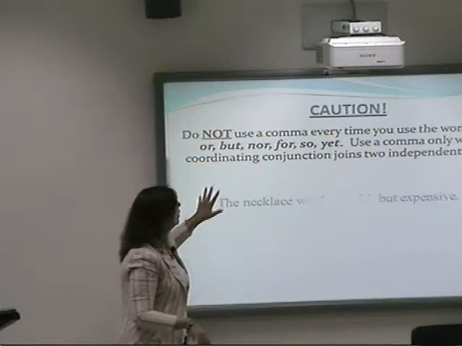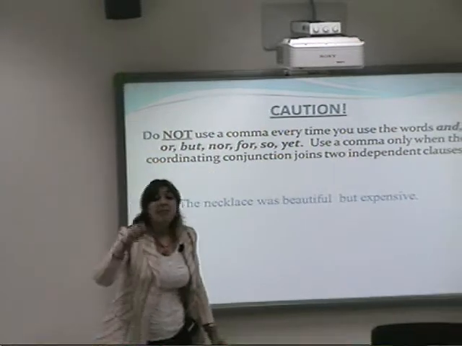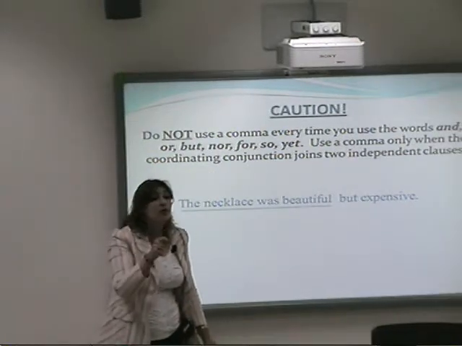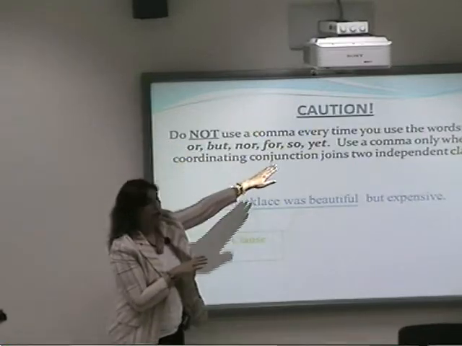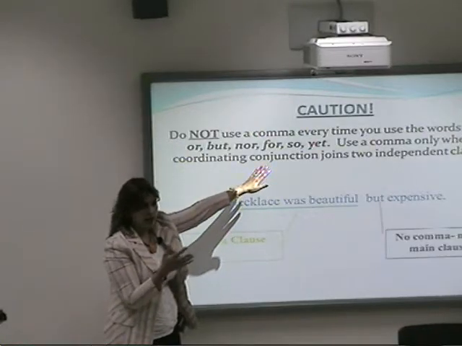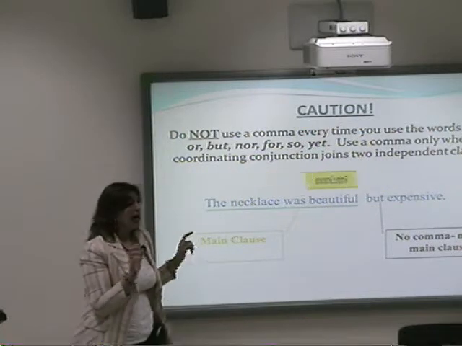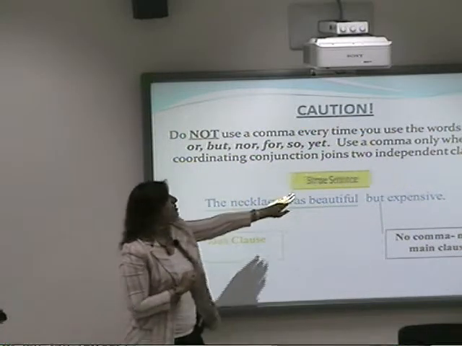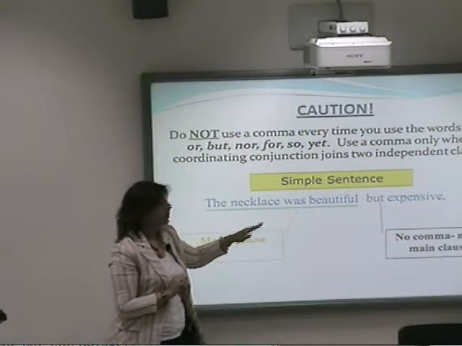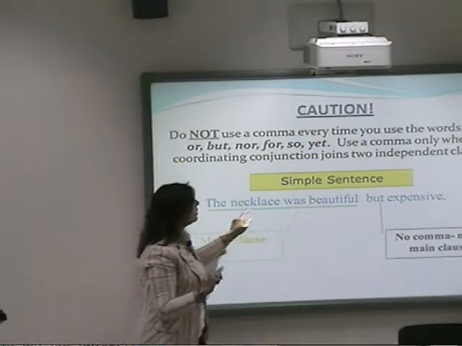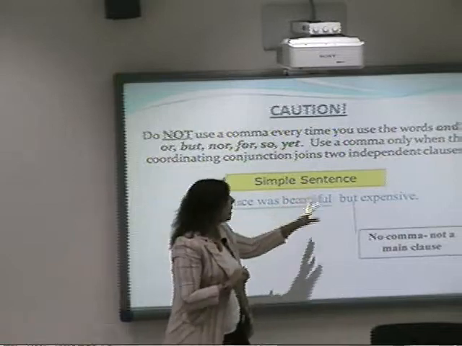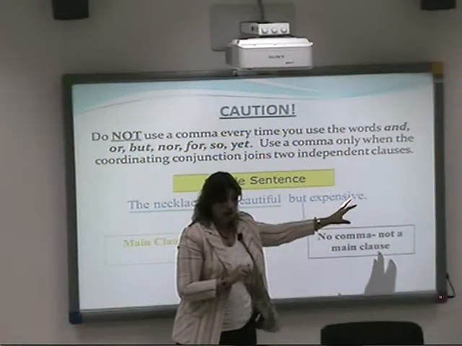But before we move, remember, don't place a comma before all these coordinating conjunctions. Sometimes they are not coordinating conjunctions. Like here. This is a simple sentence. It's not a long sentence. When we say the necklace was beautiful but expensive. Expensive.